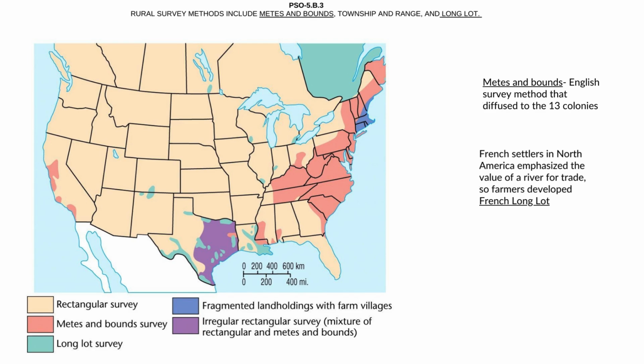All right, so where these systems came from: the meets and bounds was introduced by the British, and it was used in the original 13 colonies. It's all about landmarks being used, like trees, rivers, and rocks. And that was in that reddish, pinkish area you see right there. Then you have the long lot.